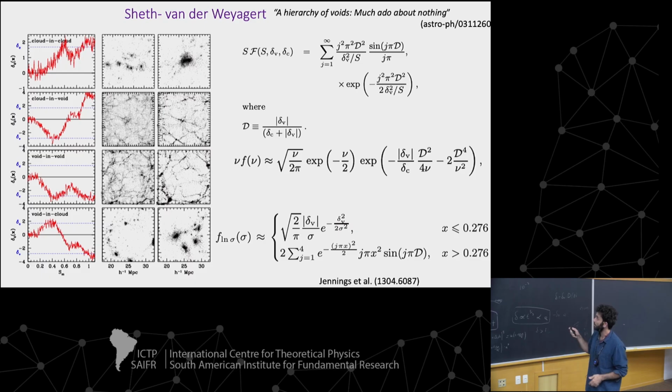So this formalism, and also Press-Schechter, underpredicts the number of large clusters or large voids and overpredicts the number of small ones. This is an inherent problem of the formalism, which hasn't been solved.